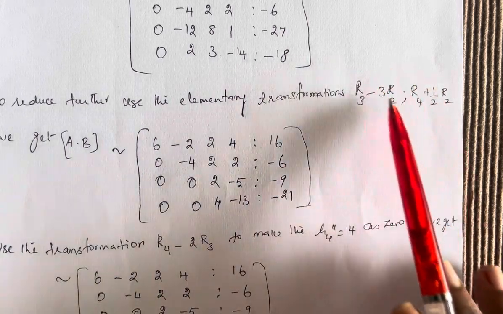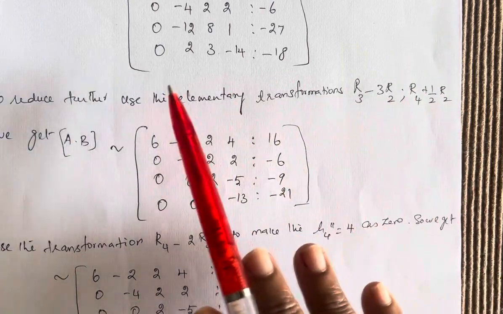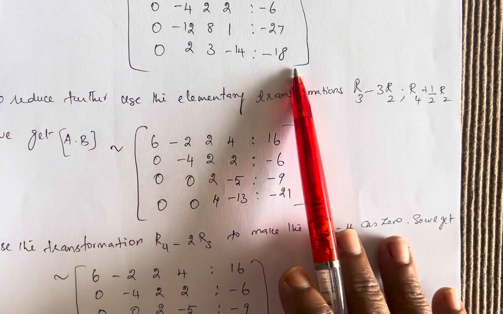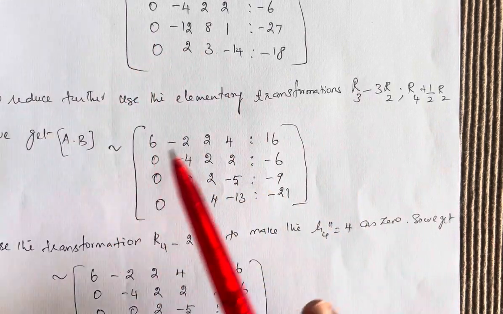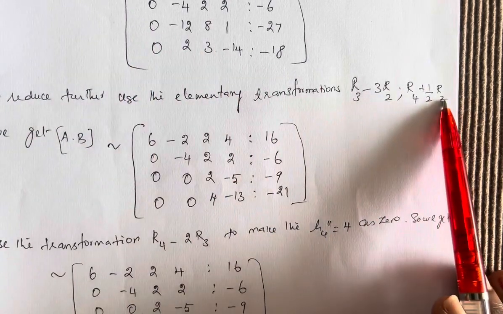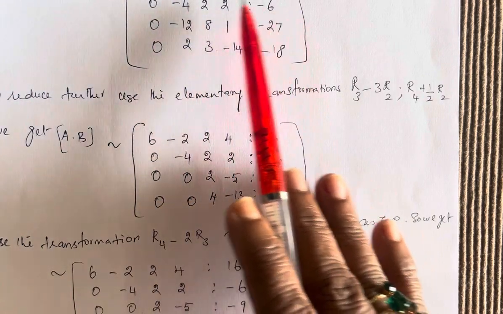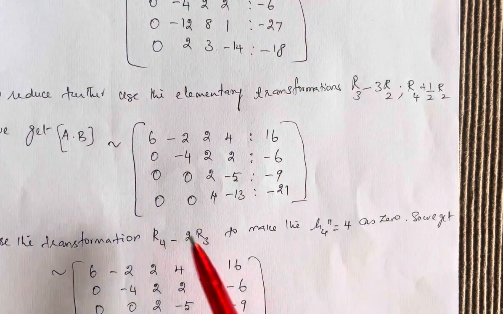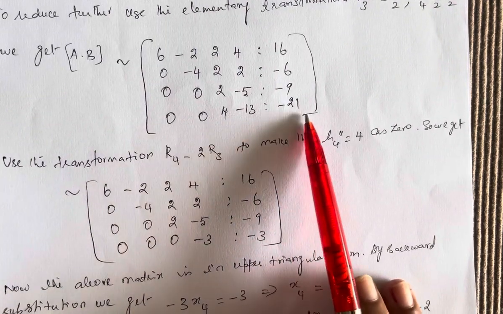Similarly, the fourth row I change as R4 plus half R2. In the sense, I am multiplying row 2 by half and then adding with R4. I will be getting 0, 0, 4, minus 13, minus 21.